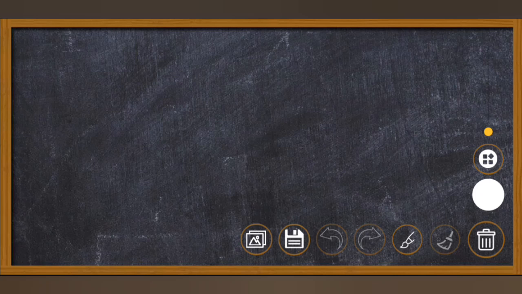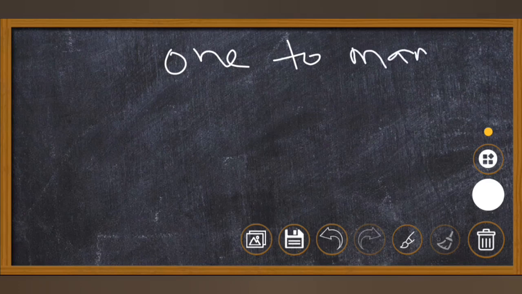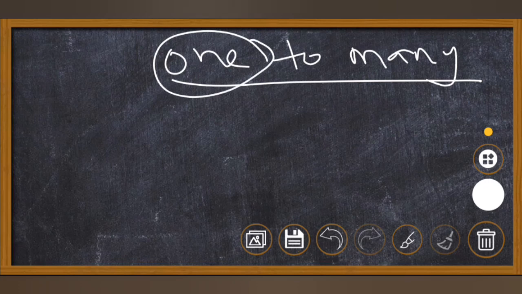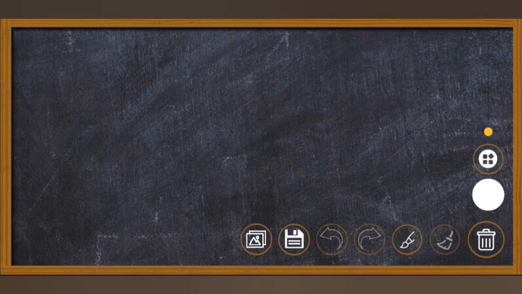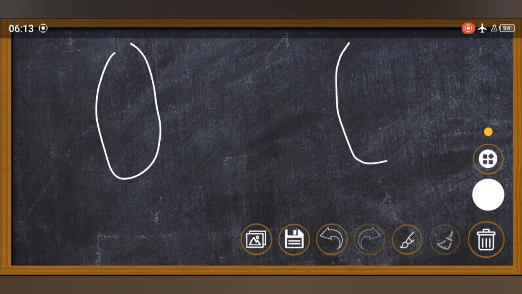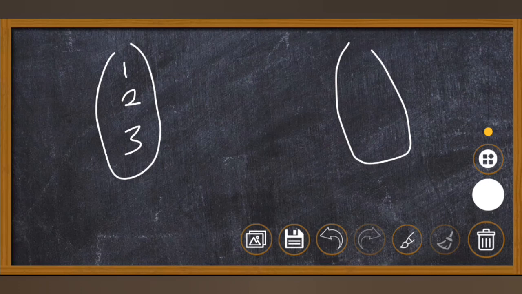We have another type of function which we call one-to-many. A one-to-many function, as the term implies, is one element producing many elements. So let's say we have this type of function here. Let's say this is 1, 2, 3, and also we have A, B, and C. So one-to-many is simply one element being related to many of these.